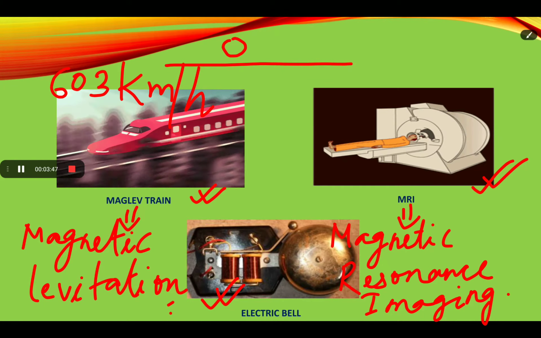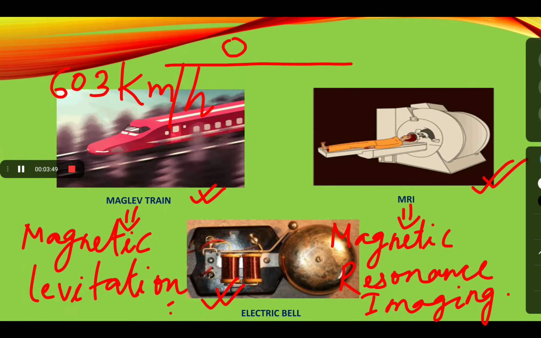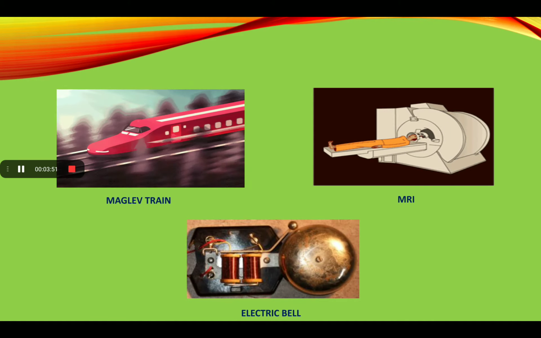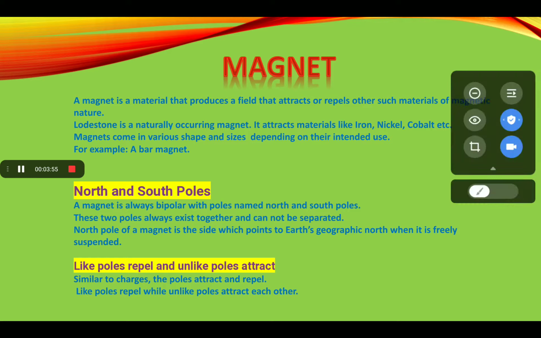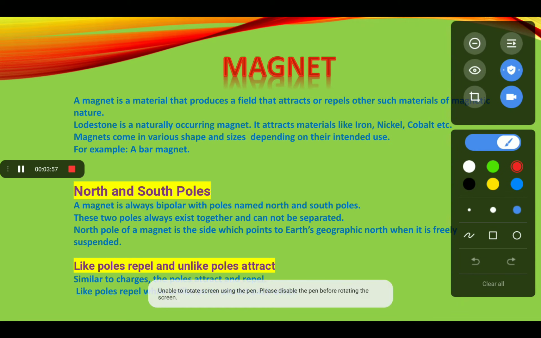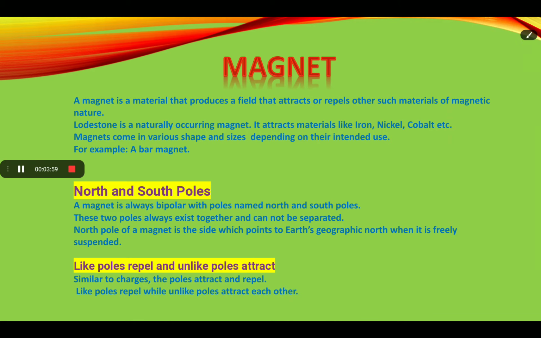Before we discuss it deeply, let's have some terms. First, the magnet. You know what a magnet is. A magnet is a material that attracts ferromagnetic substances like iron, nickel or cobalt.